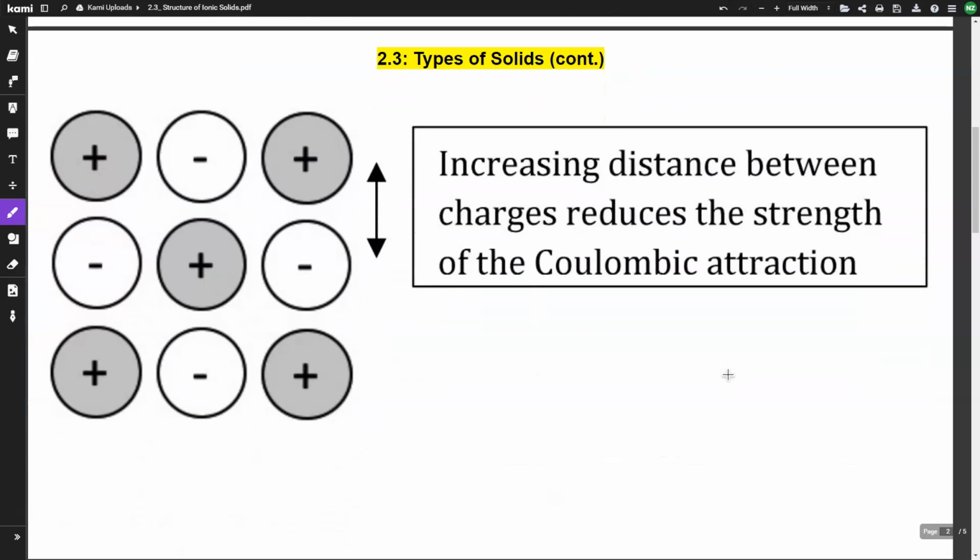Alright, so an ionic solid looks like this. You've got a cation and an anion. Cations are positive, anions are negative, and they will form a crystalline structure that repeats. Positive, negative, positive, negative, positive, negative. If you have a large quantity of ionic solids, they're going to arrange themselves, so it'll look like this.